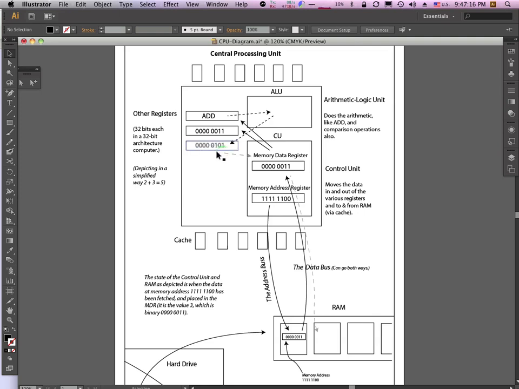And so if we carried this forward, then the 5 would go into the memory data register and would be sent via the data bus to some other location, free location in RAM.